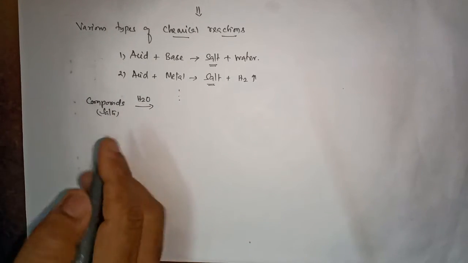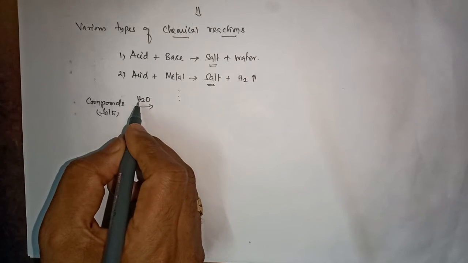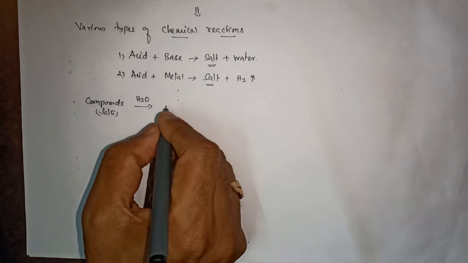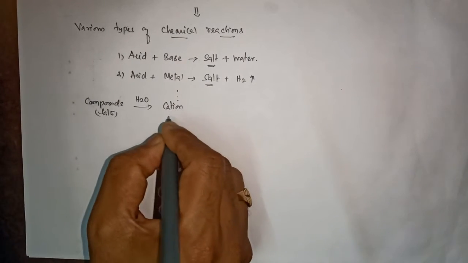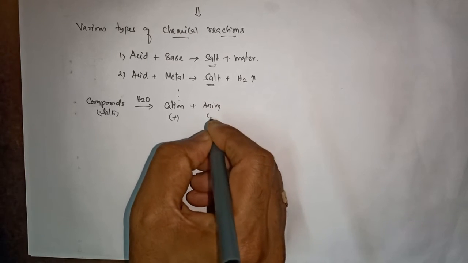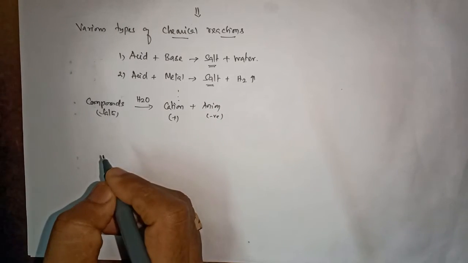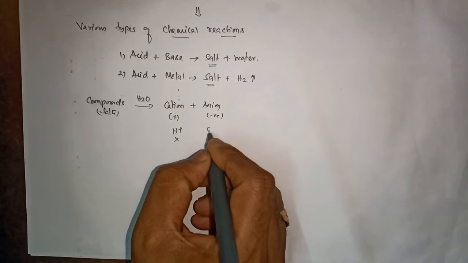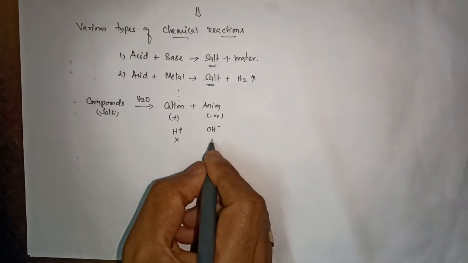Generally, when you dissolve salt in water, they dissociate to form a cation, that is a positively charged ion, and an anion, a negatively charged ion. Cation other than H plus ion, anion other than OH minus ion.